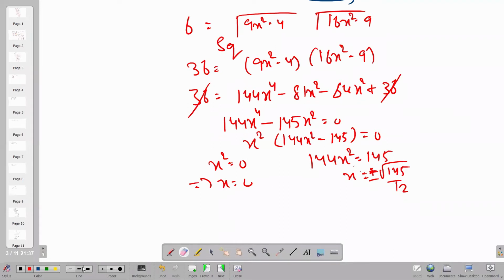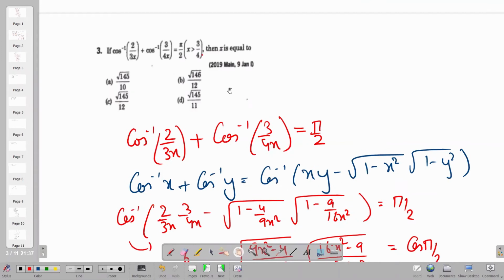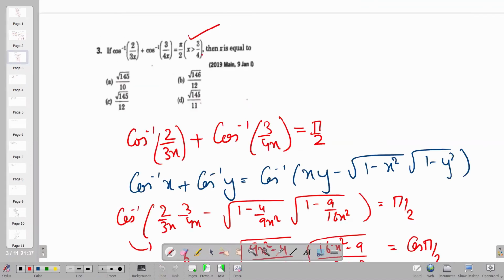That means my x is equal to plus root 145 by 12 is the answer, because in my question it is given that x should be greater than 3 by 4. So my correct option is root of 145 by 12.